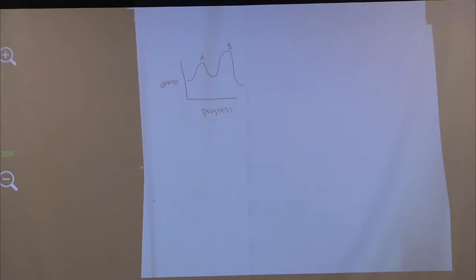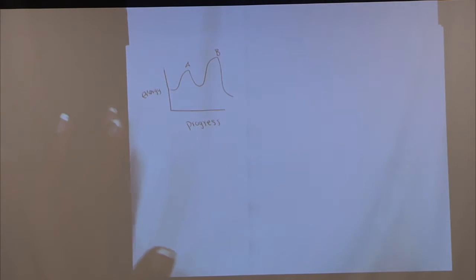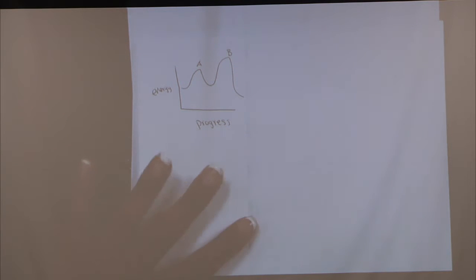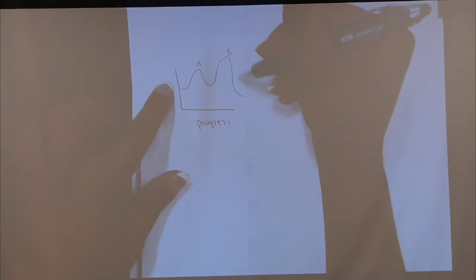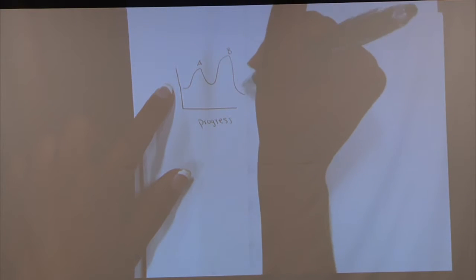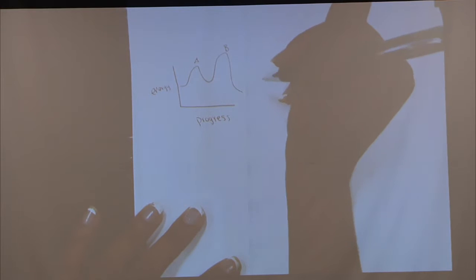Can everyone see that? Let me zoom in a little. So this is what the graph looks like. For exothermic processes, we know it's releasing energy. So if we start at, let's say, 5, and then now it's lower, we know that it released energy, so this would be an exothermic process.